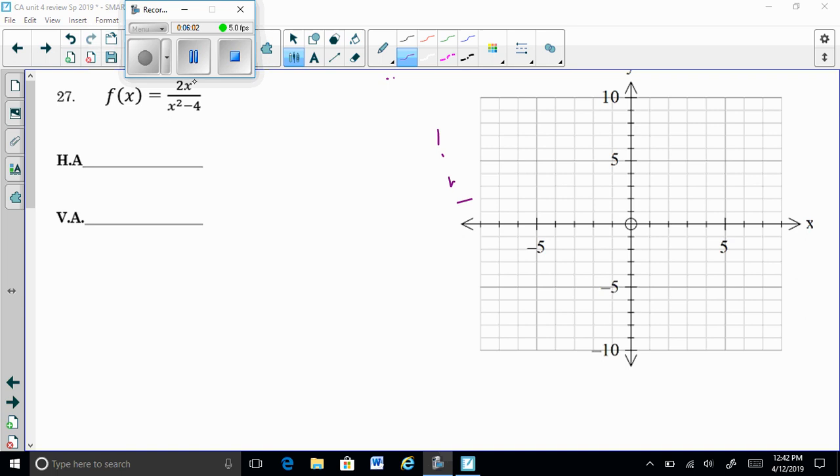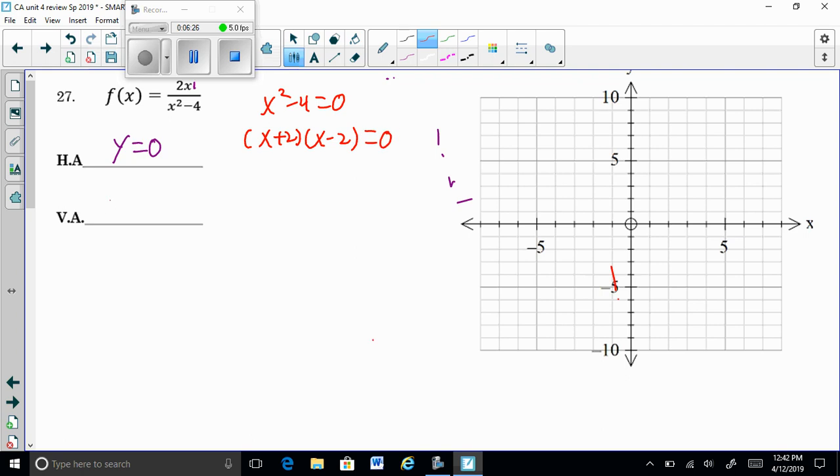On this first one, if you compare the exponents from the numerator and denominator, you'll see you've got 1 on top and 2 on bottom, so that defaults to y equals 0. Then if you take the denominator, x squared minus 4, set it equal to 0 and solve, it factors into x plus 2, x minus 2.